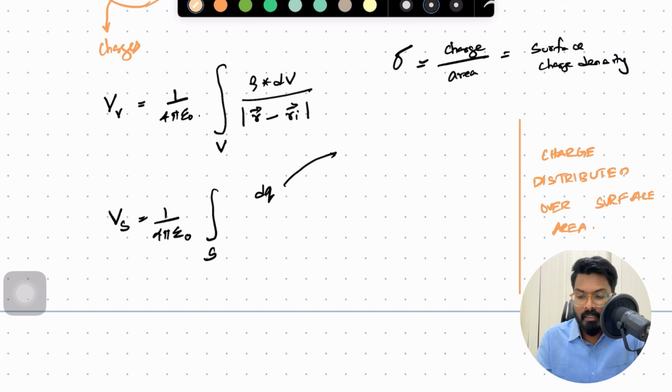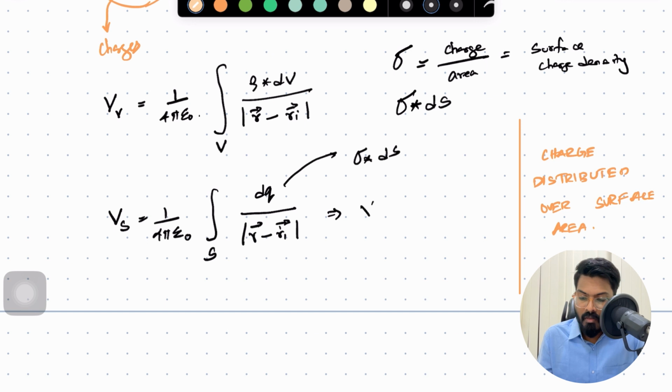That is given by sigma. Sigma into area, taking area as dS, so sigma into dS will be dq. We divide it by the usual r vector minus ri vector.